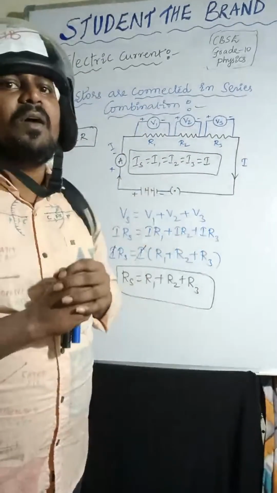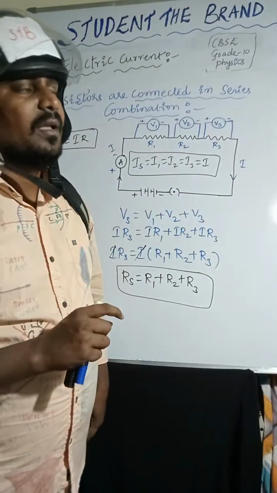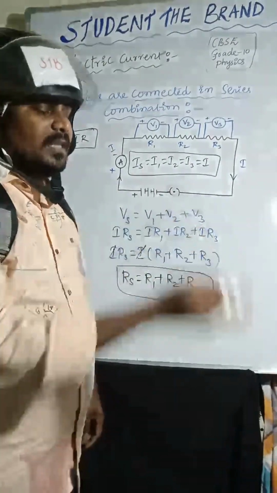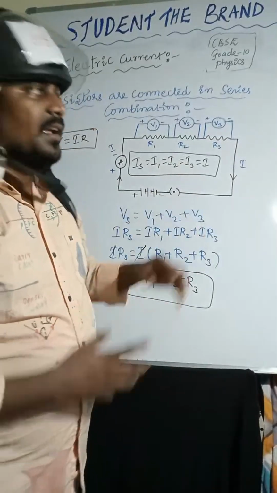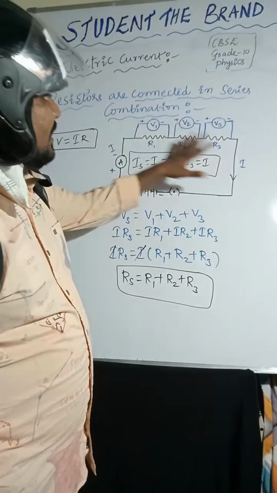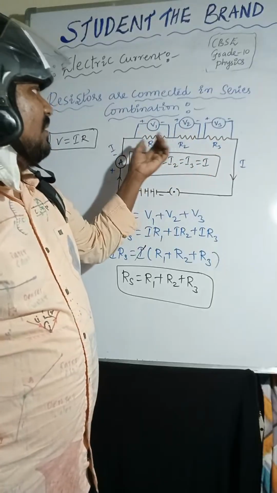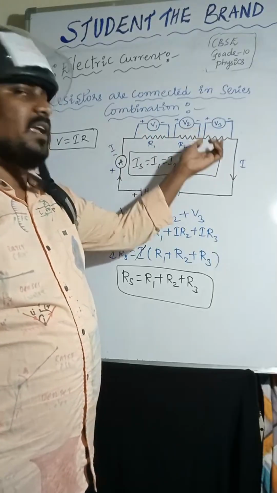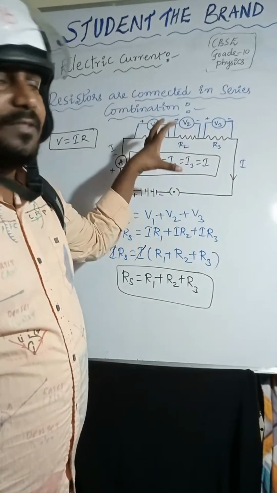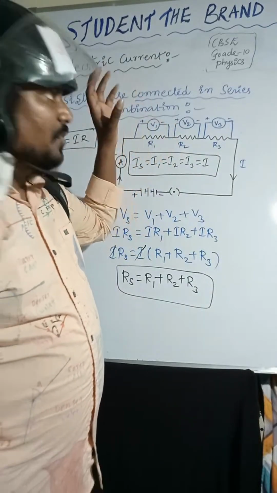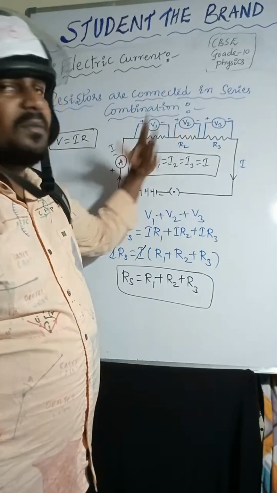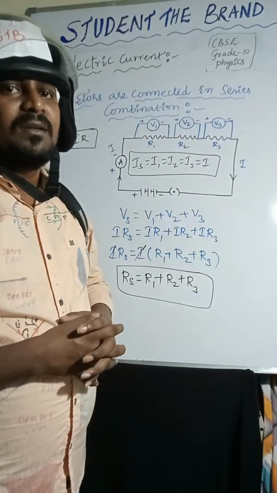And here one point is very important. When we compare series and parallel, I will tell that time also, but still I will tell here. Among these three resistors, suppose you take bulbs 1, 2, 3. If one bulb is fused off, if one bulb is not working, the remaining bulbs won't work.